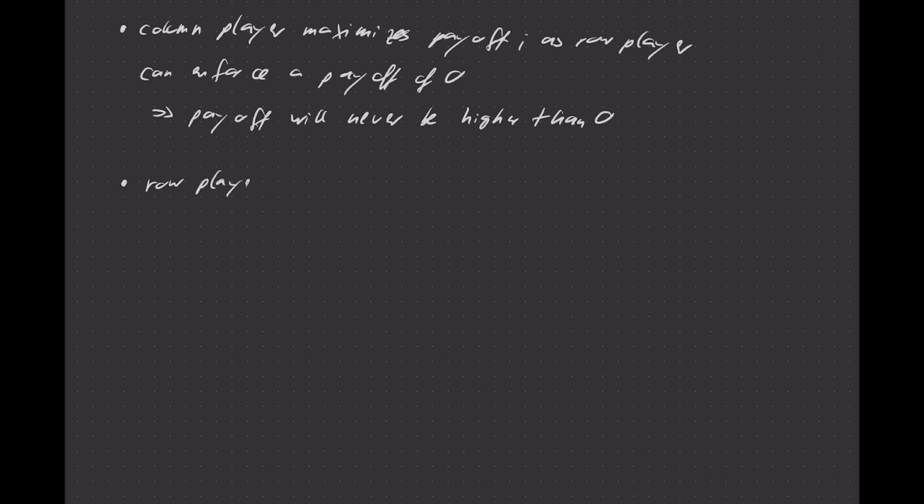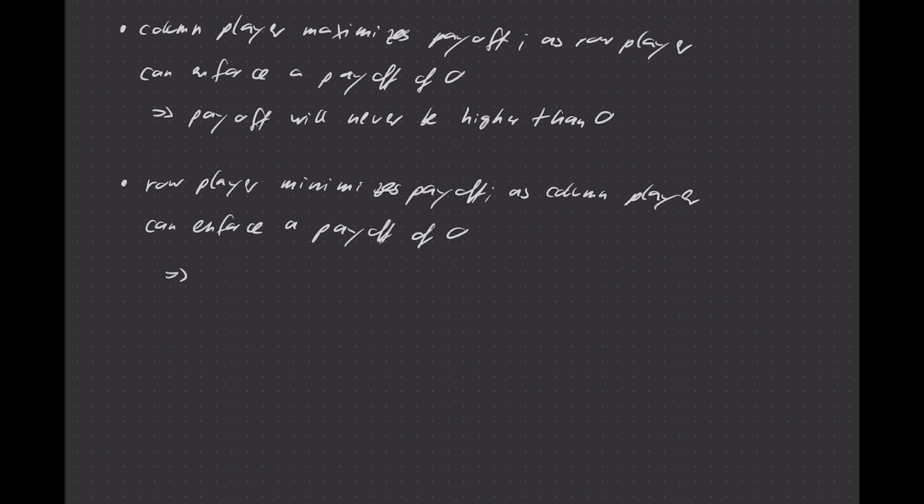So the row player minimizes payoff, and again, the column player can enforce the payoff of 0. That would mean the payoff will never be less than 0.